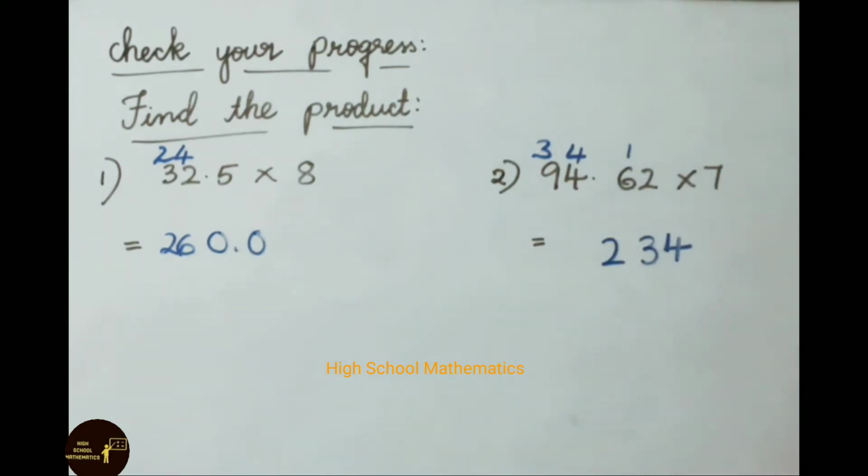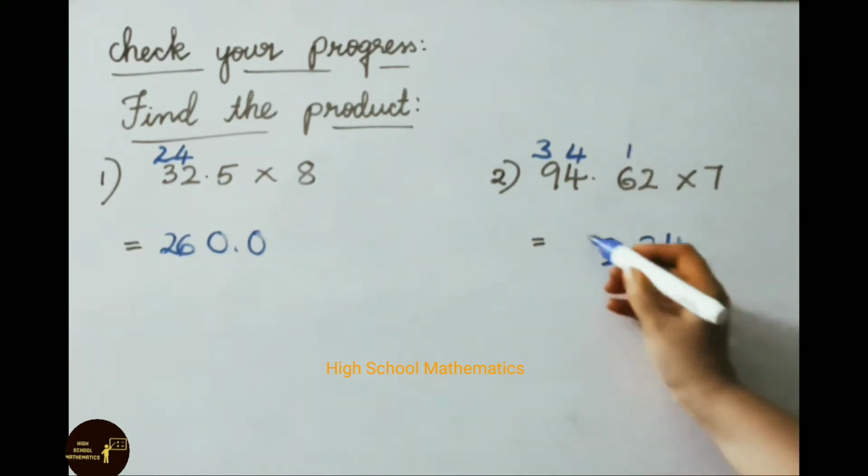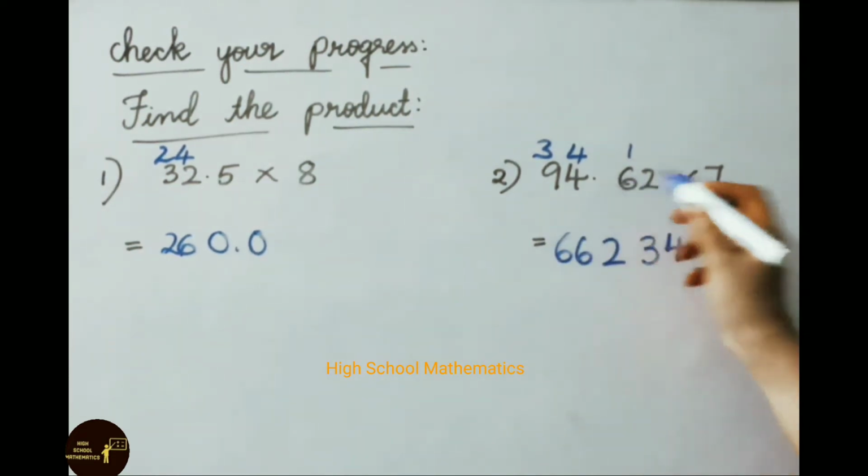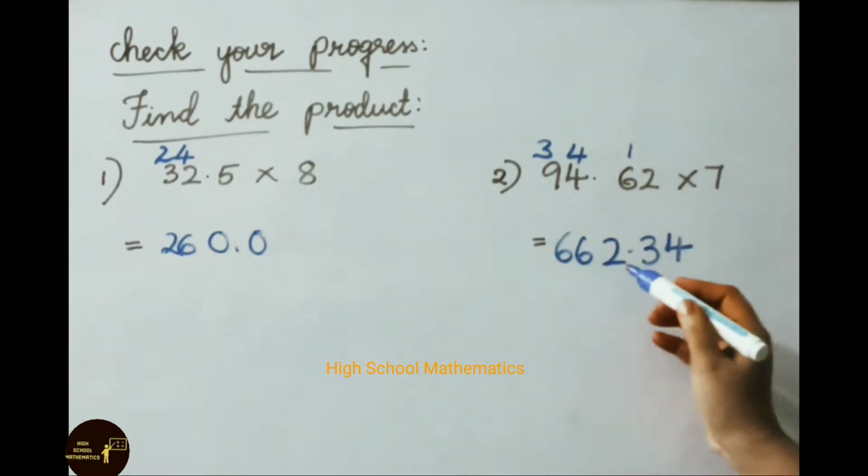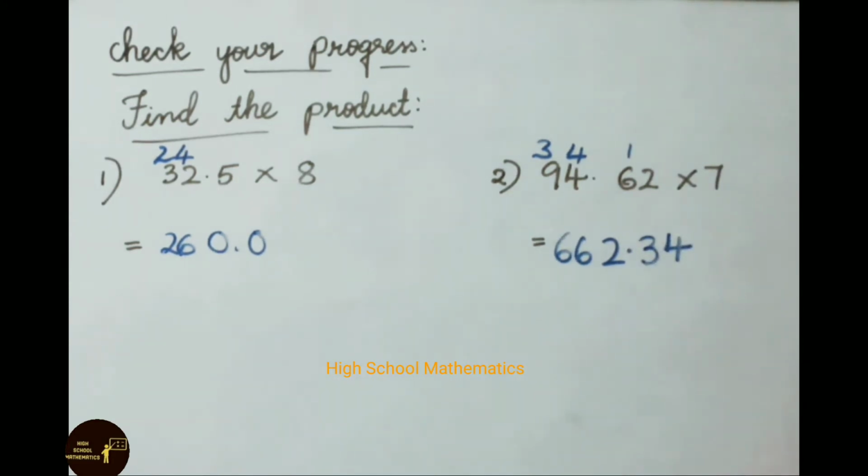Next 7 9s are 63 plus 3, that is 66. So write down here 66. In our product, the decimal was after 2 digits. So from the right side, 2 digits before we have to place the decimal point. So the answer is 662.34. Now let us see the remaining sums.